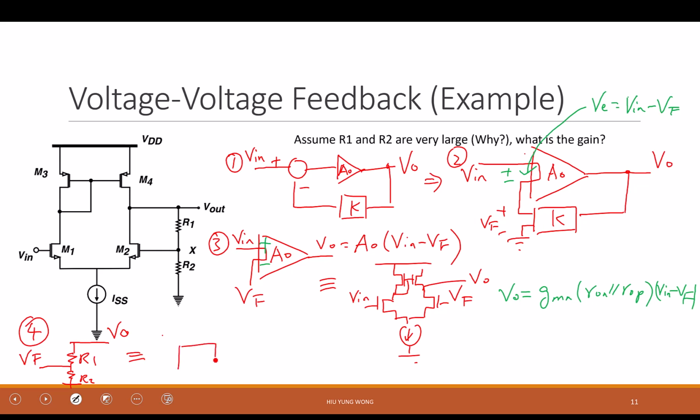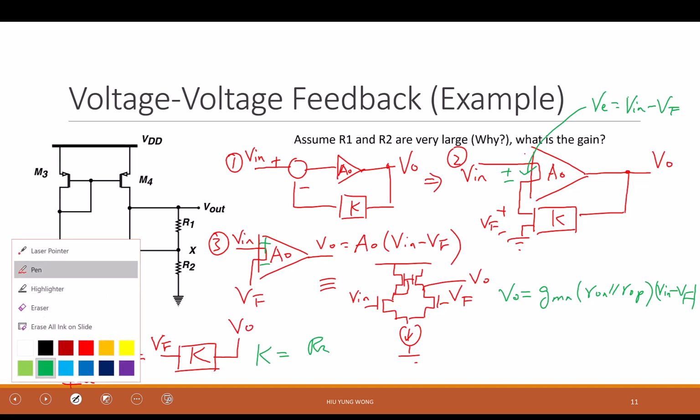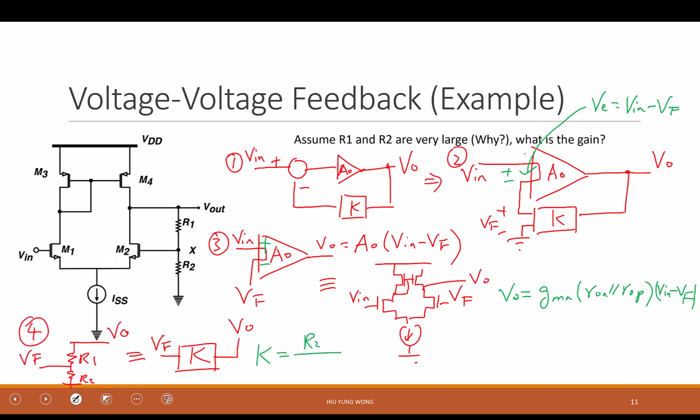Based on this, this is VF, and this is V out. So what is K based on this? K is VF divided by V out, right? So K equals R2 divided by R1 plus R2.